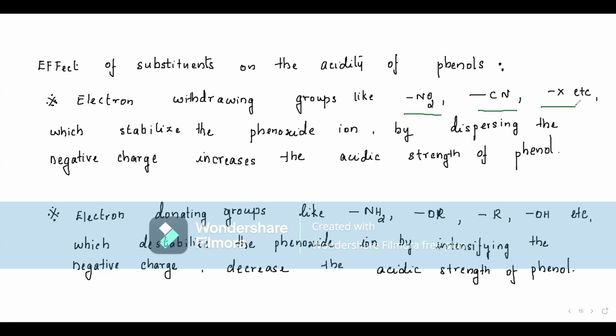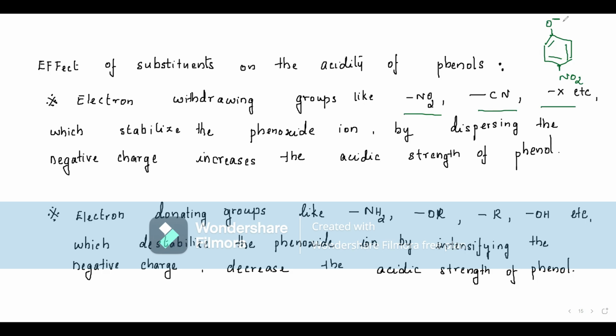Once H plus is removed from phenol, you have the oxygen on the ring with a negative charge. But if you have, say, a nitro group on the benzene ring, this nitro group pulls the pairs of electrons towards itself.